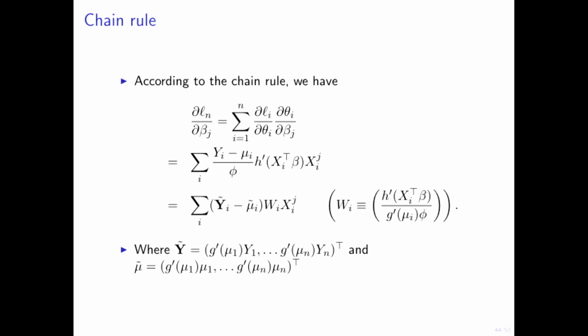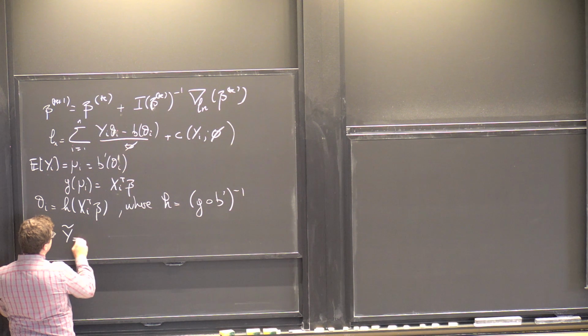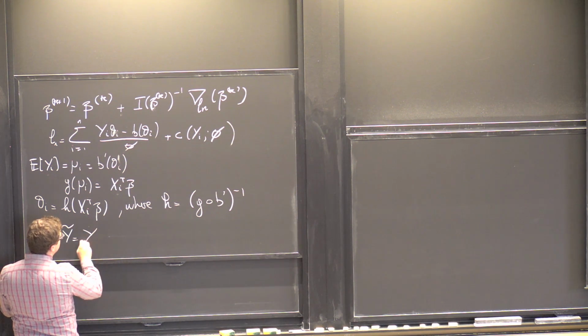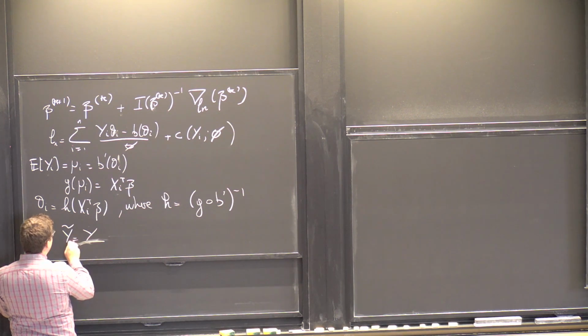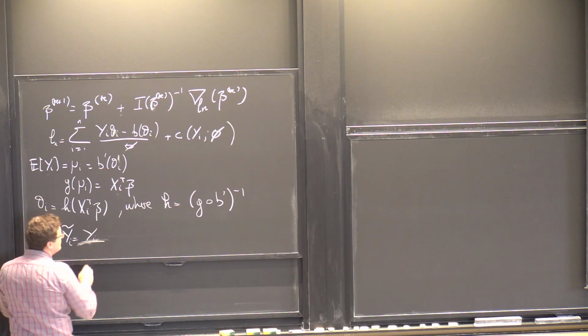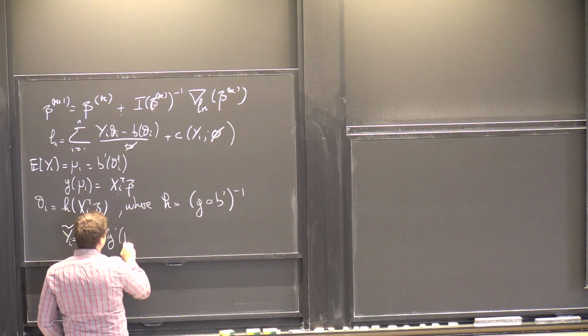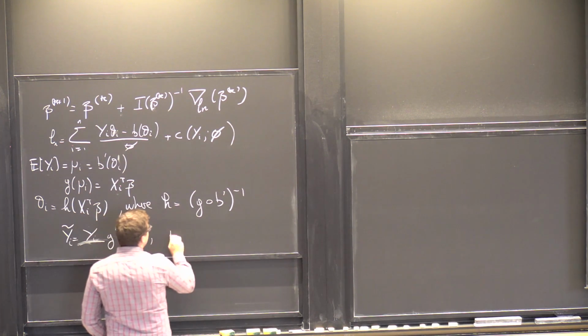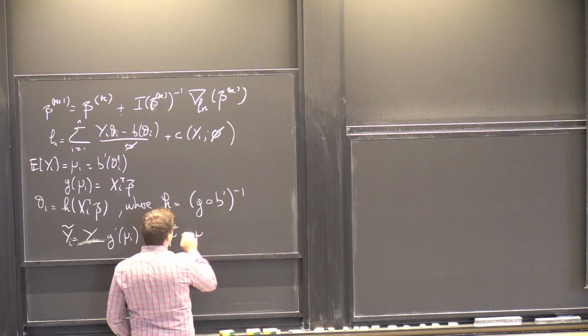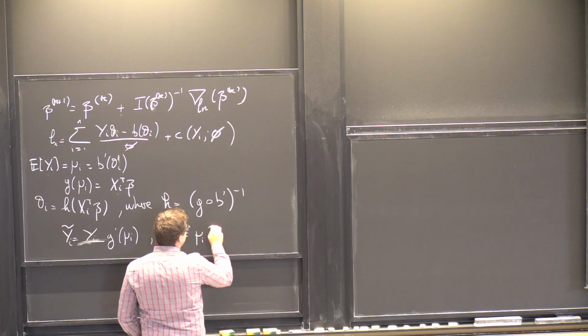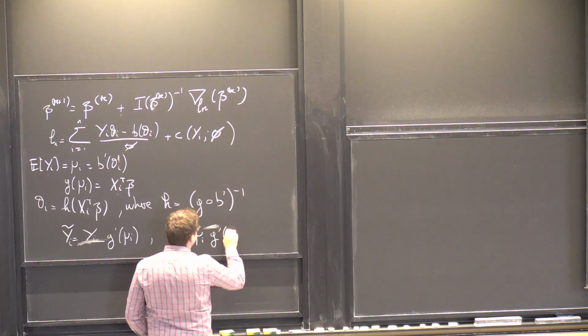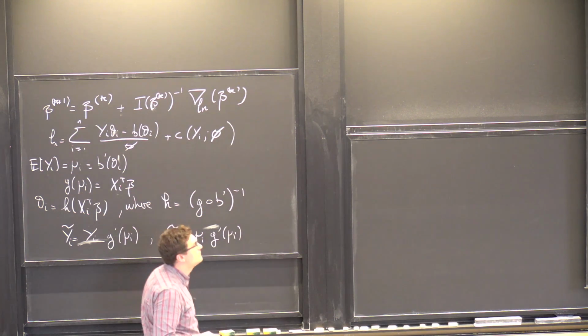So let's remind ourselves that y tilde i is yi times g prime of mu i. Mu tilde is mu i times g prime of mu i.